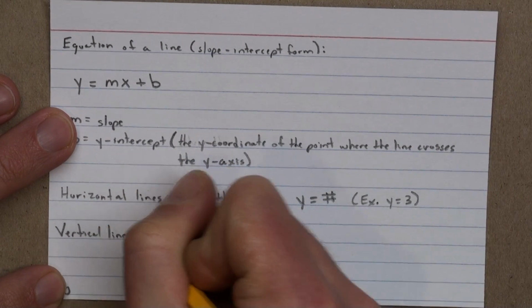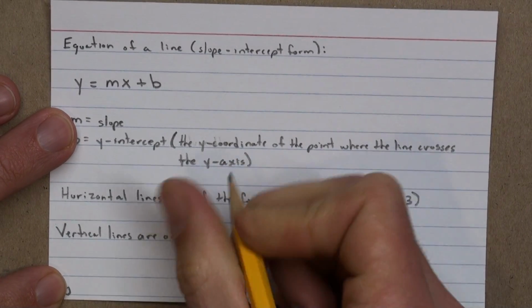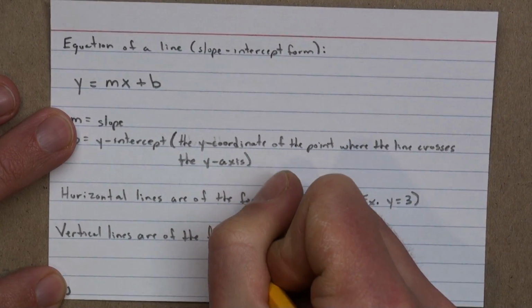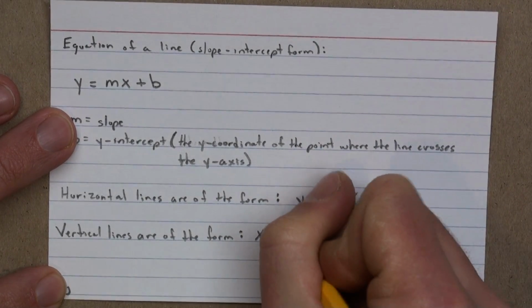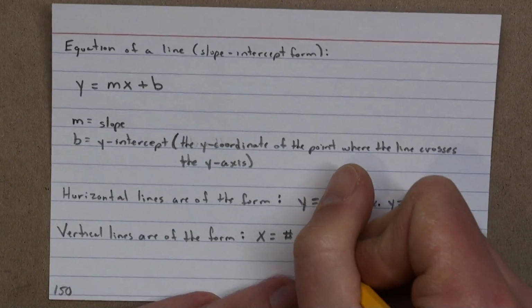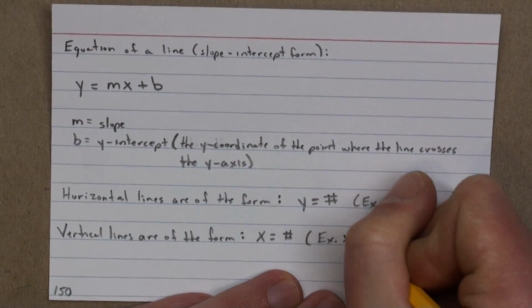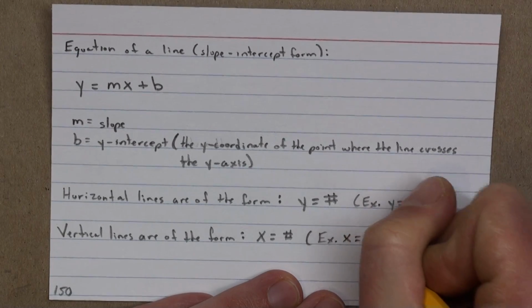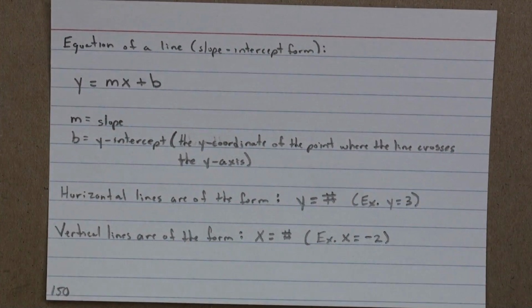Vertical lines are of the form x equals some number. For example, x equals -2. Okay?